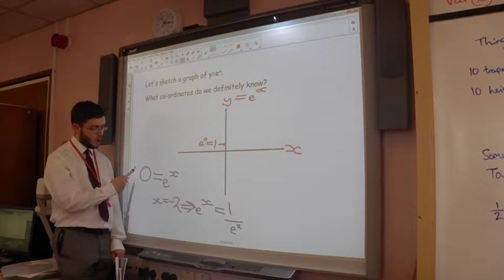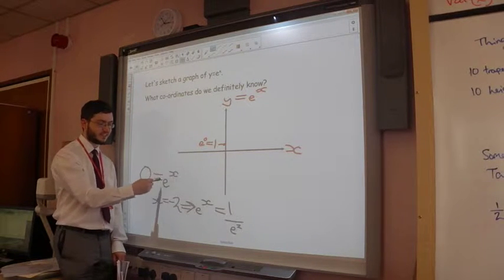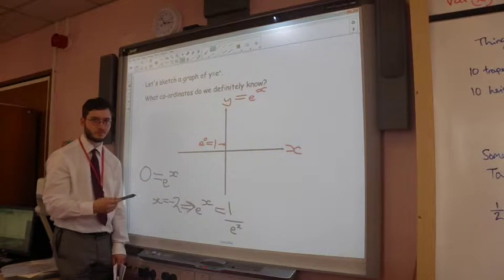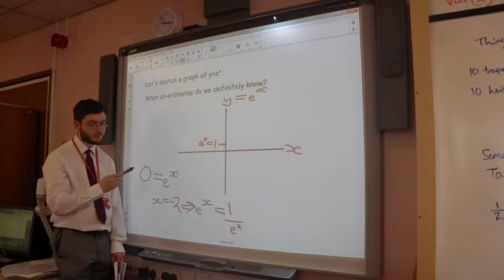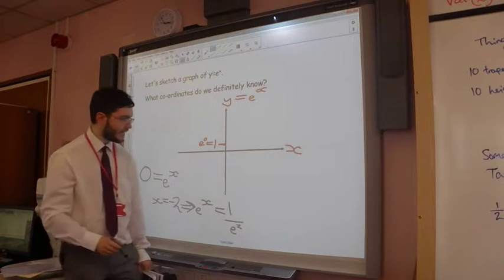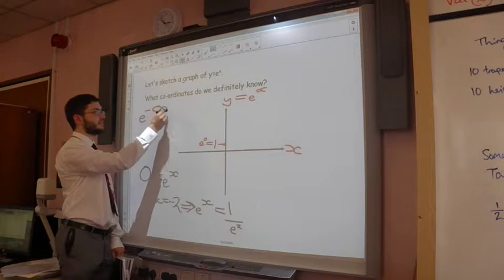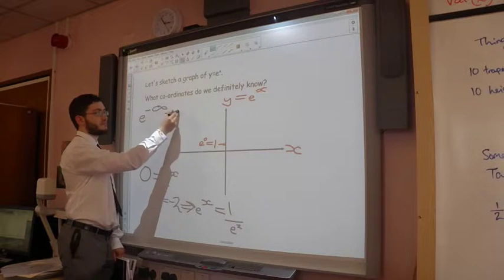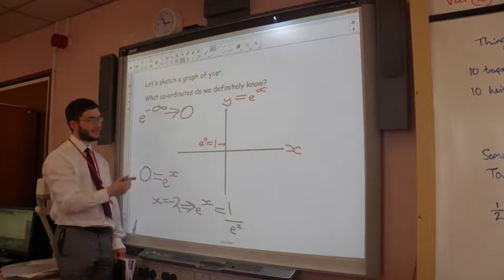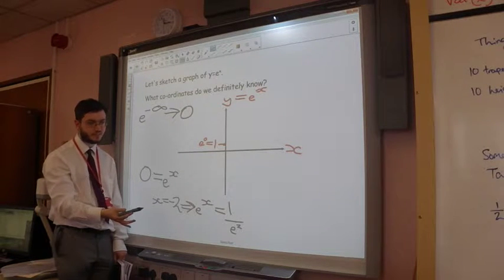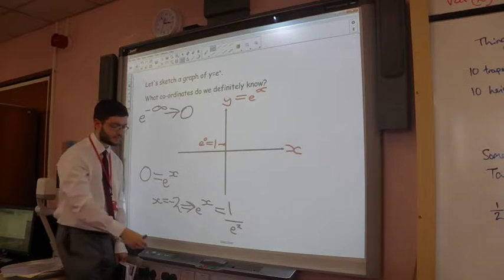So what value of x could we have that means that this is very, very, very, very small? Infinity. So if we had e to the power of negative infinity, that's basically 0. So when x equals negative infinity, our curve finally crosses the x-axis.